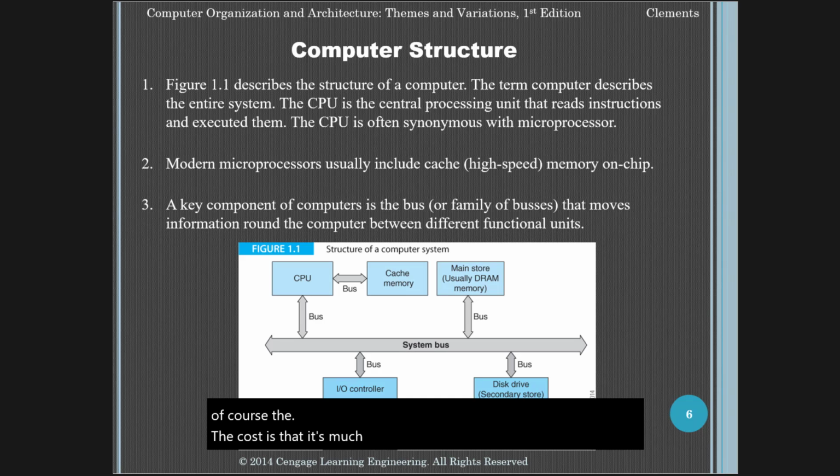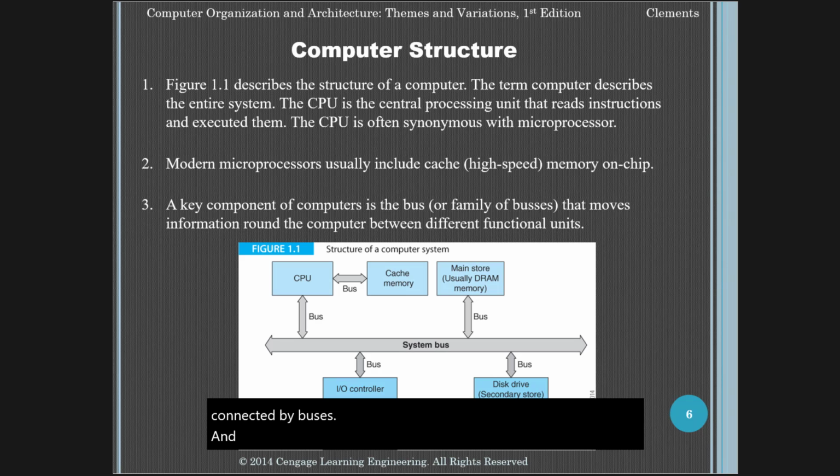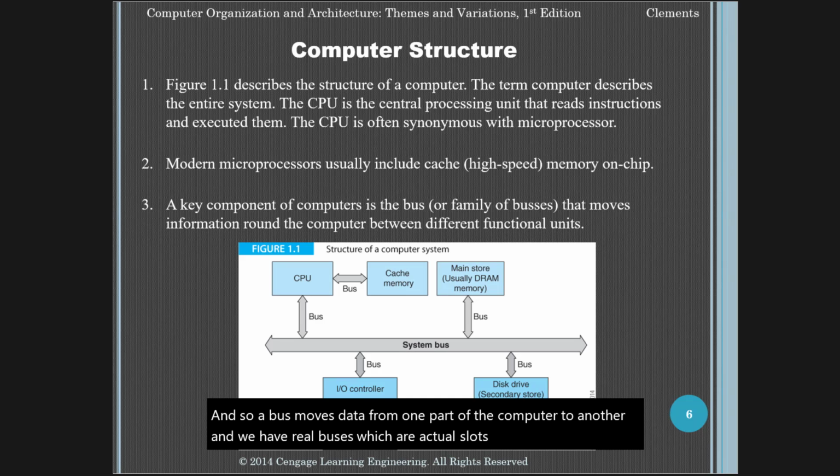So we will talk about memory systems in greater detail, but looking at the subsystems that make up a computer, what we're looking at here in the figure, they're connected by buses. And so a bus moves data from one part of the computer to another. And we have real buses, which are actual slots on the motherboard where we can plug a card in and it will communicate with the rest of the computer.